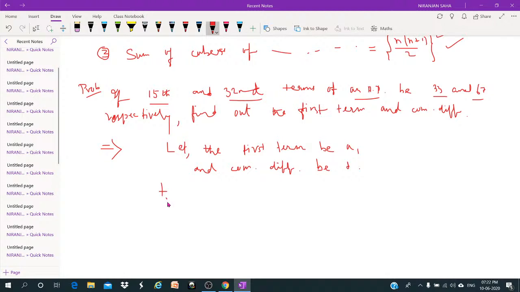So A15 will be A1 plus 15 minus 1 into D, and this is equal to 33. So what will you get here? A1 plus 14D is equal to 33.